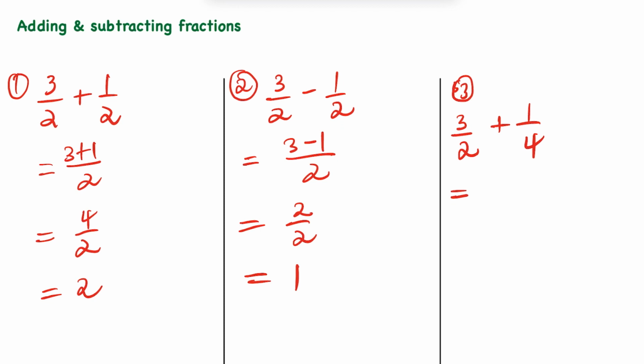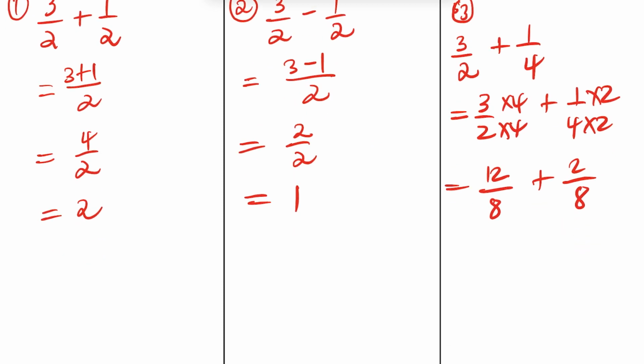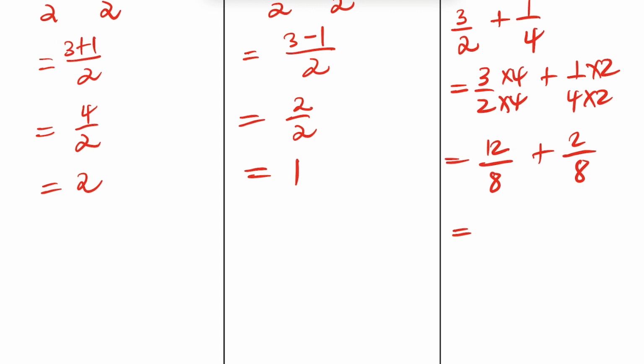I'll take the first fraction, 3 over 2, and multiply by the denominator of the other fraction, and then I take 1 over 4 and multiply by the denominator of the first fraction. So it's going to be 3 times 4, it's 12, and 2 times 4 is 8, plus 2 over 8. Now the denominators are the same, so I'll take one denominator.